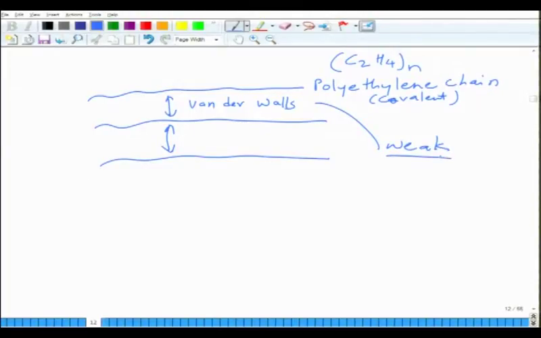Since polymer chains are randomly oriented, that is why a polymer is a little malleable, because the interaction between chains is very weak.